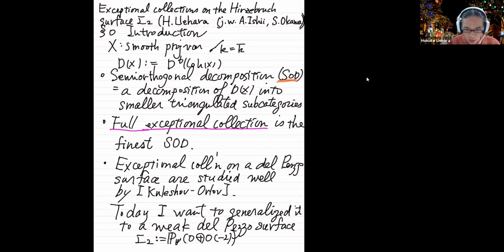But exceptional collections on del Pezzo surfaces are studied by Kuleshov and Orlov. And so today, I want to generalize their result to weak del Pezzo surfaces, namely Hirzebruch surface containing -2 curves, okay?